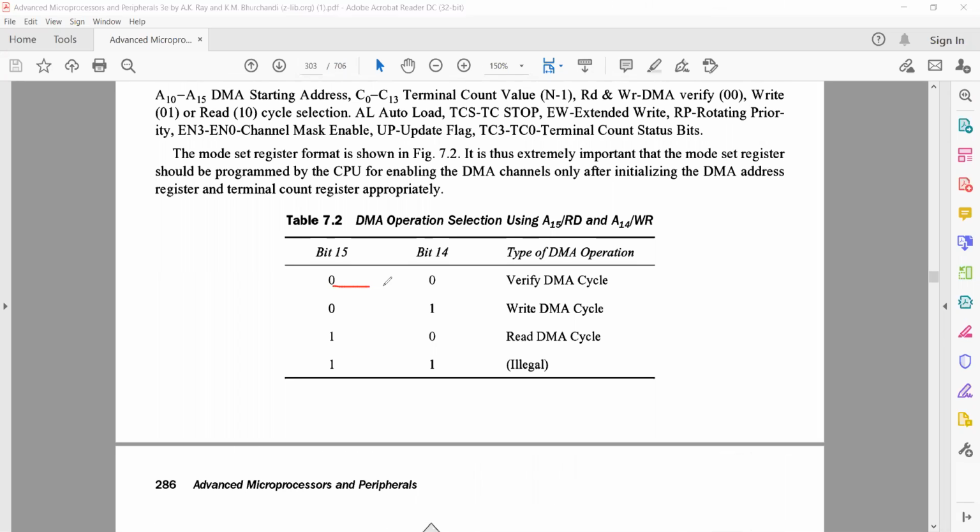If it is 0 1, write DMA cycle, which we just saw. If it is 1 0, read DMA cycle. And if it is 1 1, it is illegal. So that is about the terminal count register.